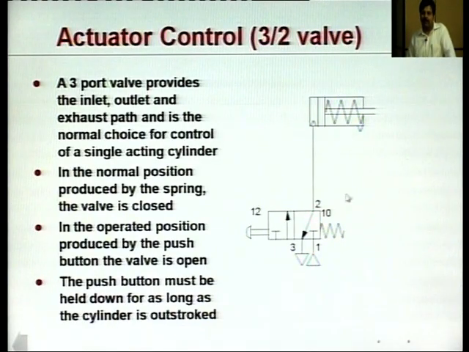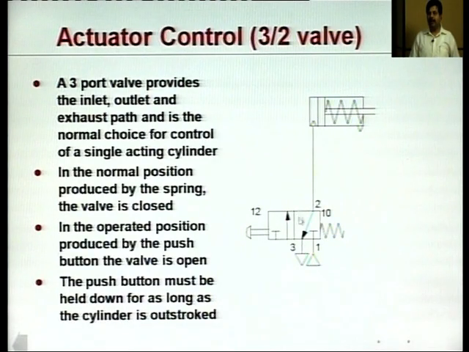This particular valve controls the flow of the inlet line and the exhaust line into and out of this piston system. Now, this position is the unactuated or normal position of this valve. In this position, no pressurized fluid is entering the cylinder, because the port from where the pressurized fluid enters is closed, whereas this chamber of the piston system has been connected to the exhaust port.